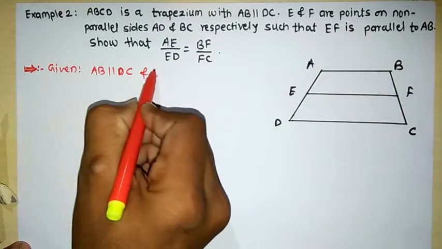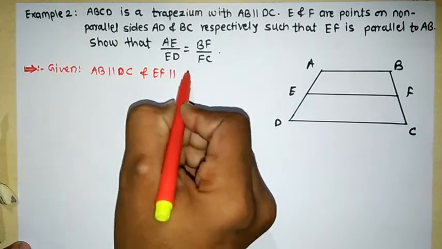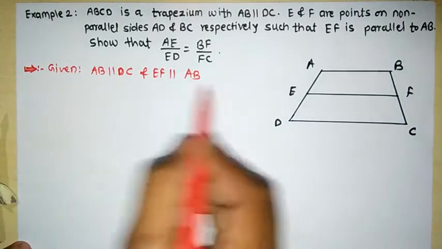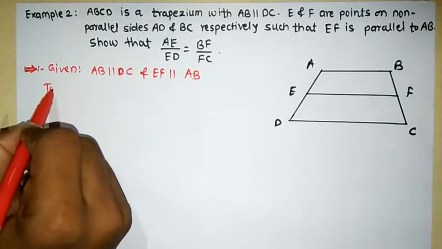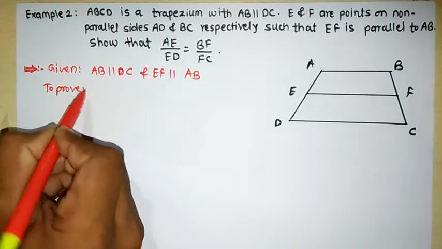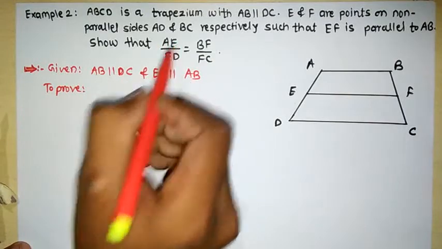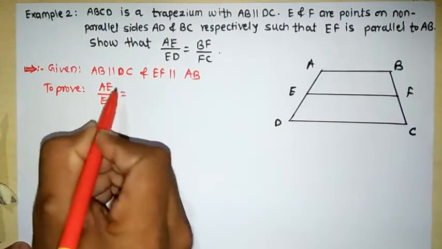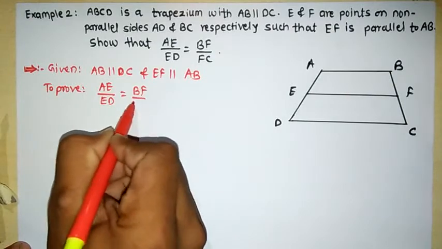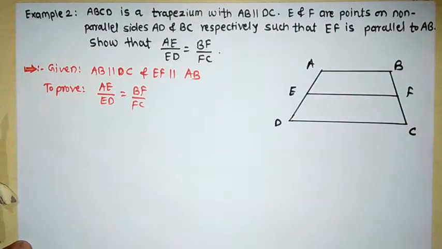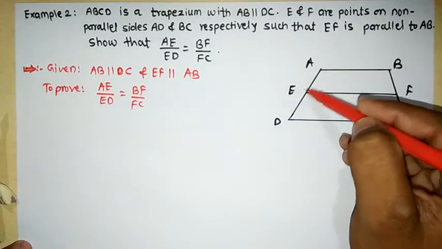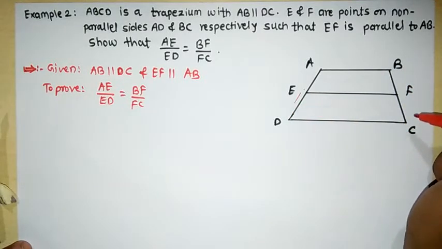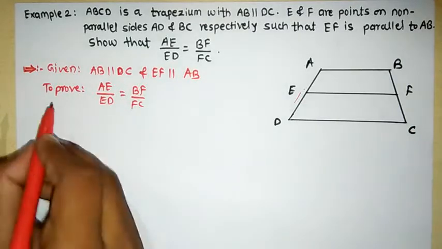It is a given data. And what we have to prove? To show that AE divided by ED is equal to BF divided by FC. This ratio will be equal. We have to show here. Proof.